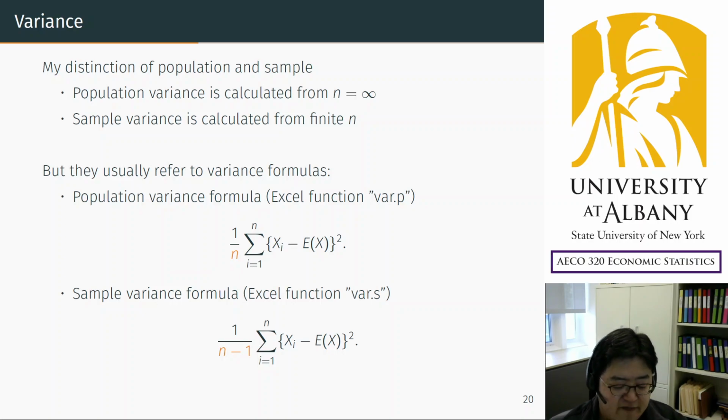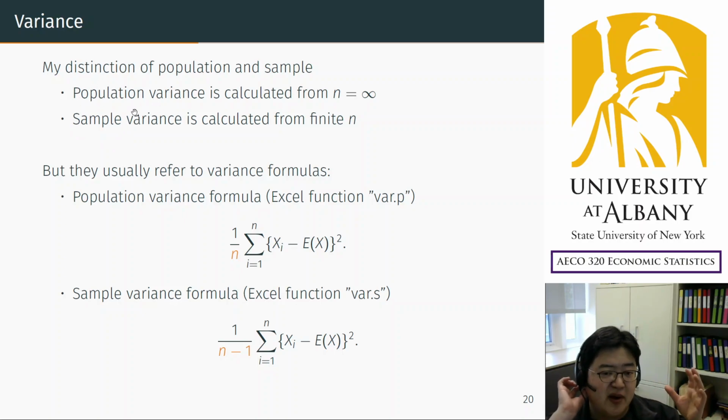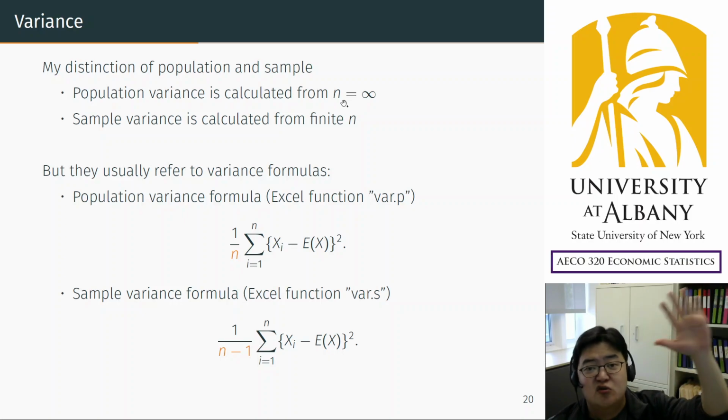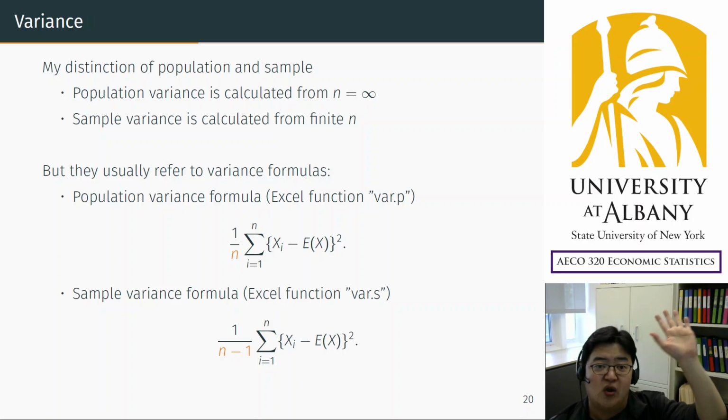From the very beginning of this course, I emphasized the difference between population and sample. Population is the ideal population, like observations of an infinite number of observations. Of course, it's not possible, but that's the truth. What we would like to know, right? That is the population.